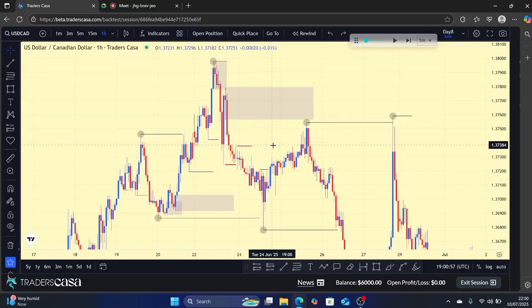So this means there is no complication or complexity in identification of engineering liquidity, as long as you know how to map market structure, identify valid pullbacks, and identify the correct POI in the range, then it becomes easier also to identify the engineering liquidity.